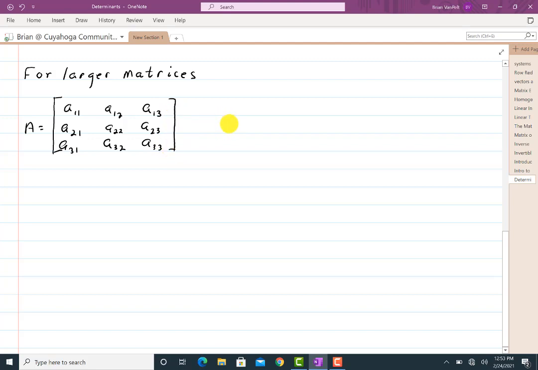Now we're going to assume that A11 does not equal 0. If it were 0, what I would do is simply swap rows until I got a non-zero item up there. If this whole column was 0, then it's a smaller matrix, and I would deal with that a different way. So let's work with that.